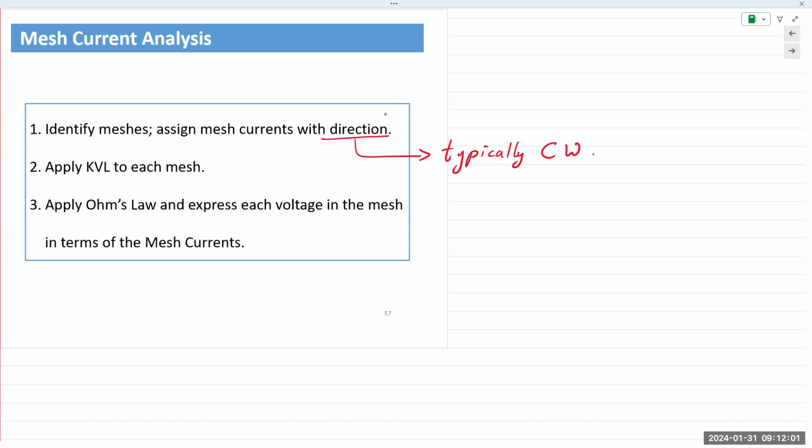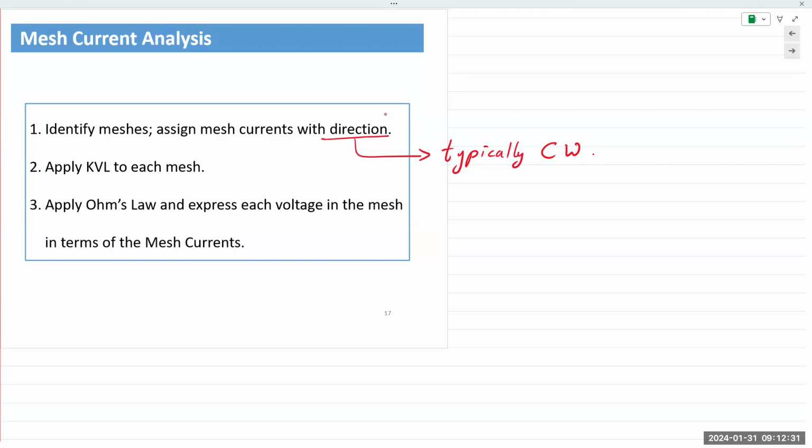Then you apply KVL to each mesh to generate equations. Third step, apply Ohm's law, express each resistor voltage in the mesh in terms of the mesh current. It is very similar to node voltage analysis. In node voltage analysis, we use the current equations or KCL to generate our equations, and then we apply Ohm's law. We do the same thing here.